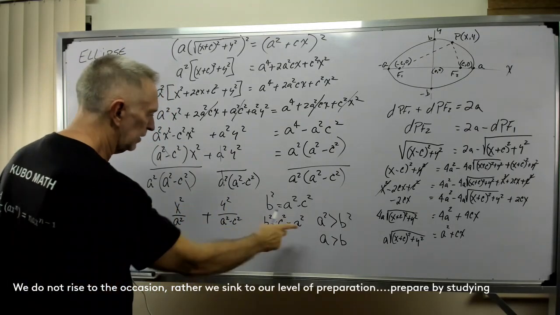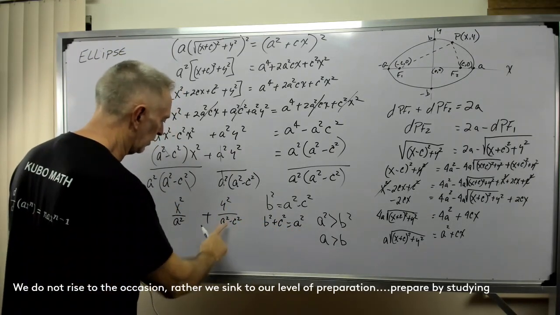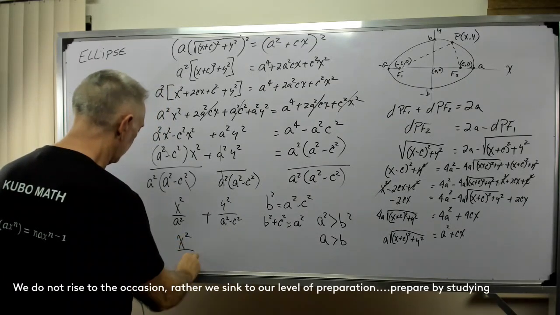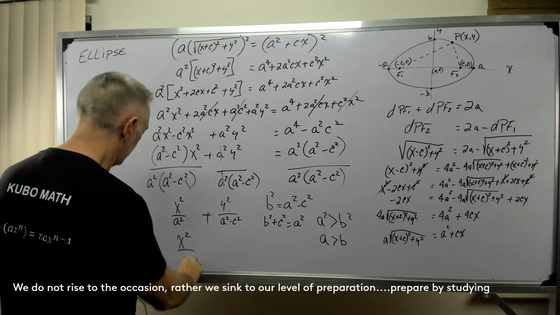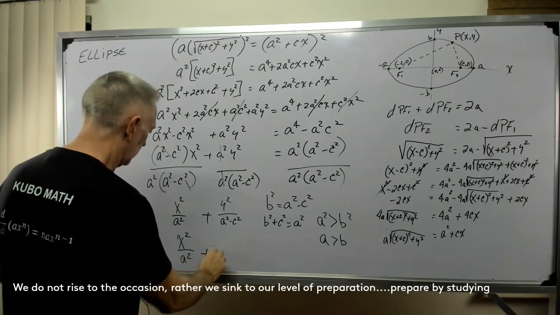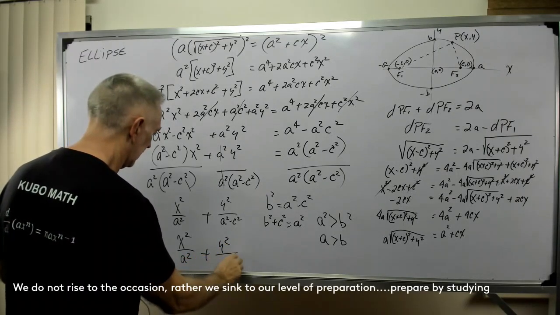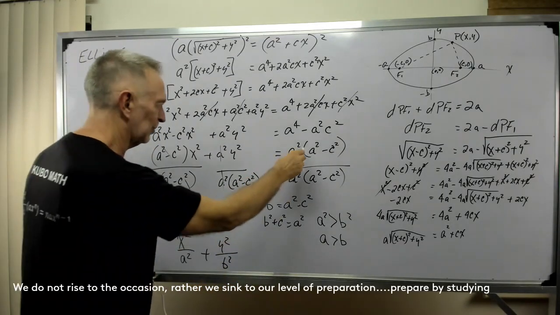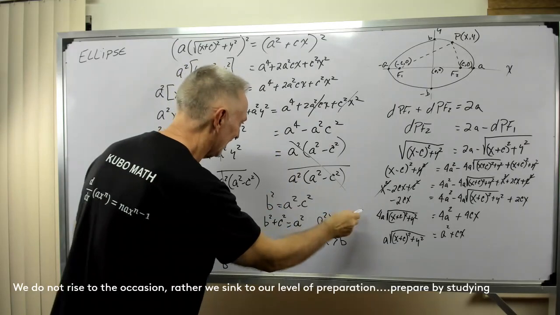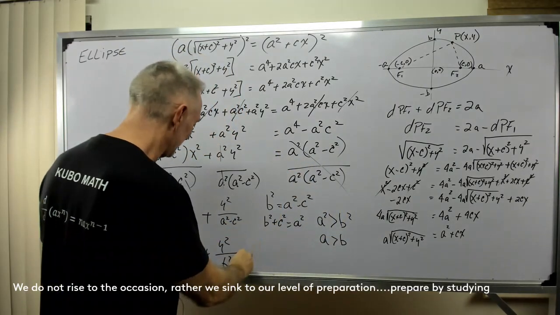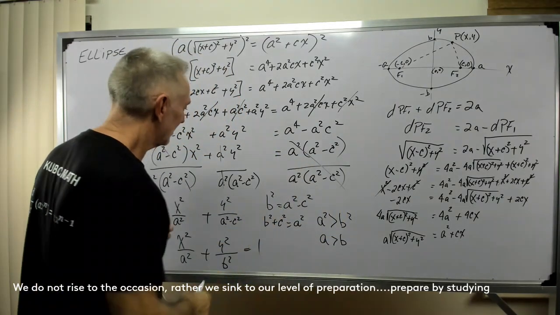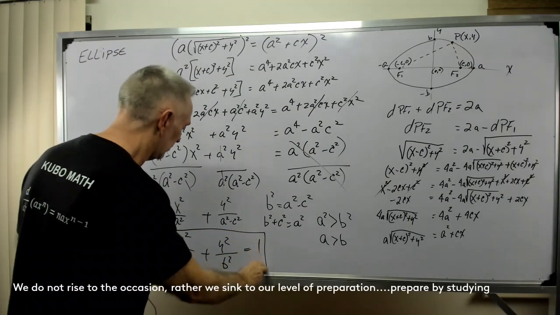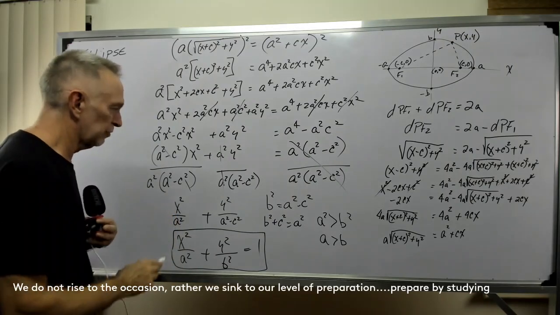Okay, so if we set b squared equal a squared minus c squared, we're left with x squared divided by a squared plus y squared divided by b squared. Equal, we didn't do this side, did we? All of that divides out to be 1. So that's where the equation for an ellipse comes from.